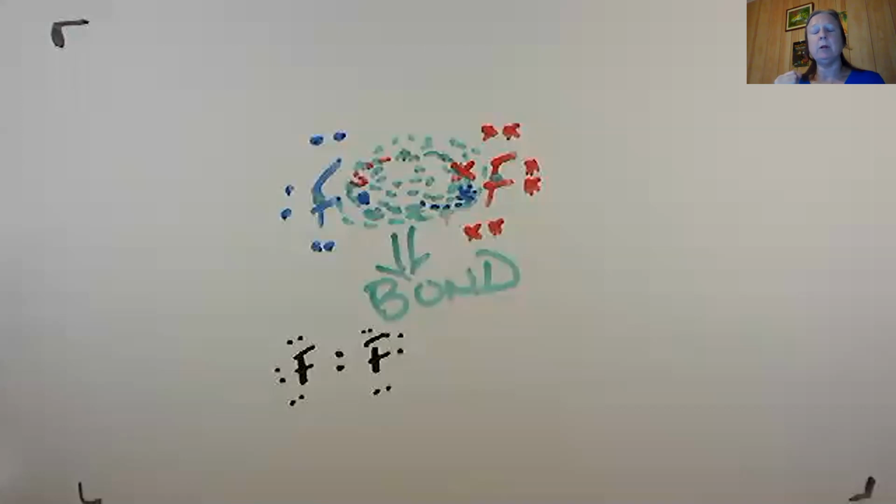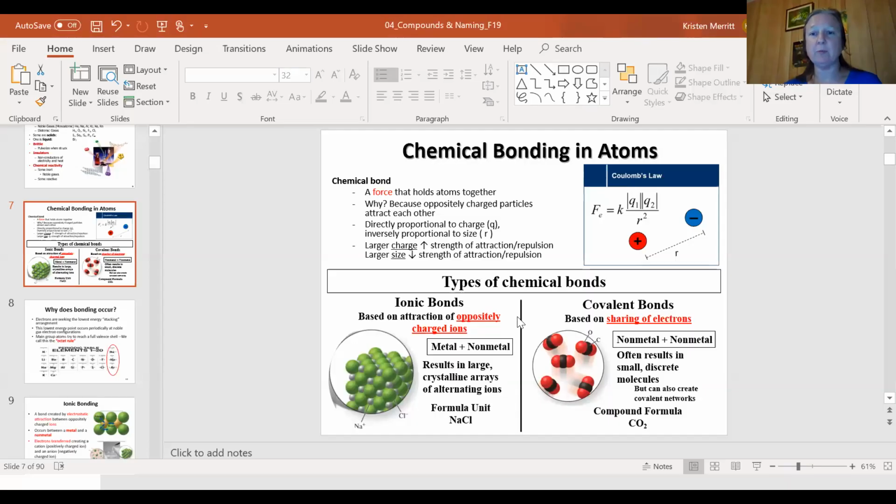A covalent molecule can exist individually. Ionic will not. The ionic is considered a formula unit, and it actually only exists as part of a crystal.